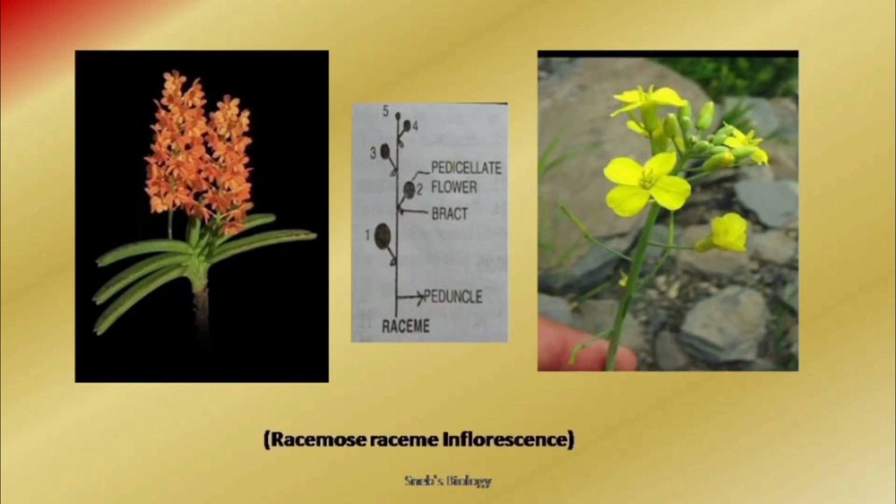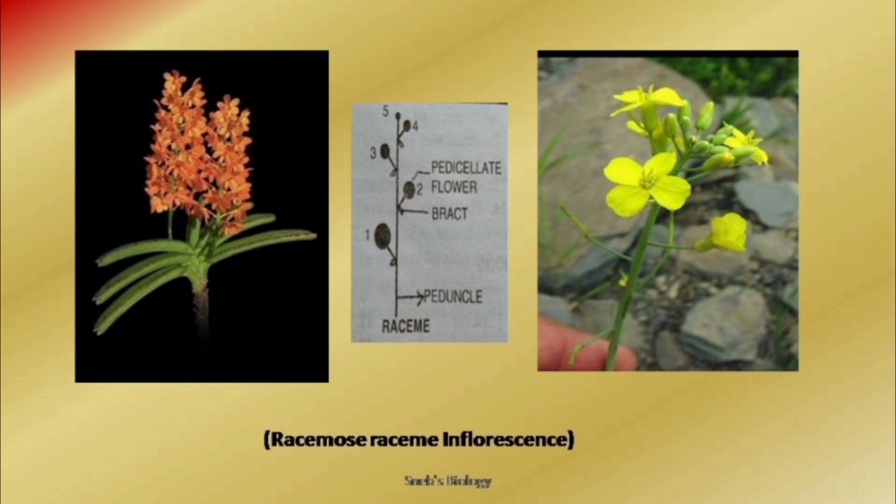Look at the diagram. There is the main axis which is known as the peduncle. On this peduncle, flowers are arranged in an acropetal manner. Acropetal manner means the lower flowers are bigger, and as we move up, the upper flowers get smaller and smaller, and the flowers have a stalk. They are called pedicellate flowers.